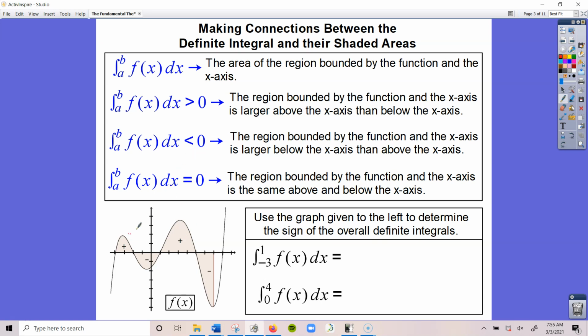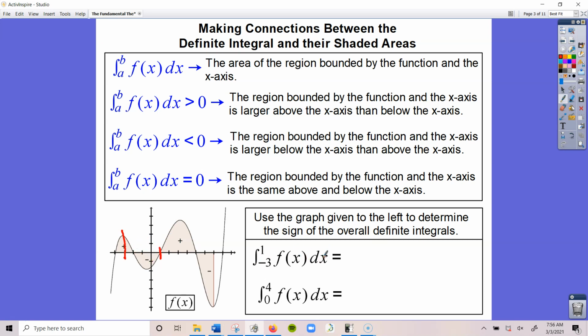Now here we have this graph of f of x. We have areas that are on top of the x-axis, and then we have areas that are below the x-axis, and that's why it's indicated with the plus signs for positive and the minus signs for negative. So if we were to evaluate from -3 to 1 of f of x dx, if I look here from -3 to 1, most of my area is below the x-axis.